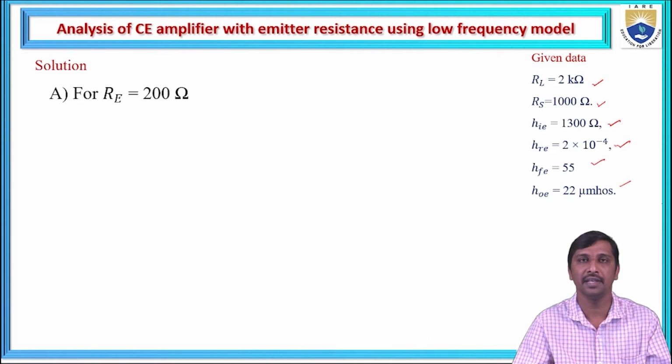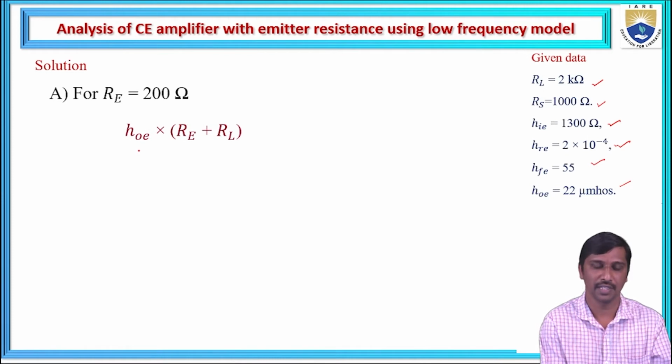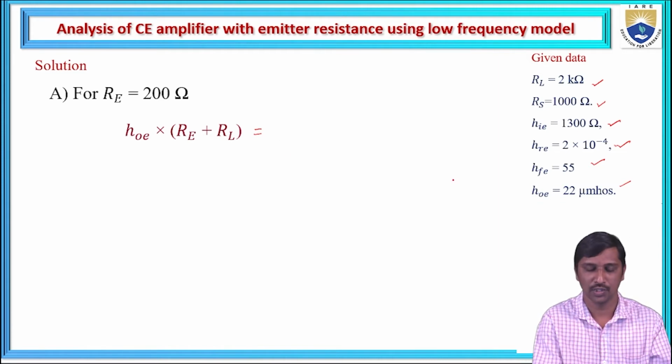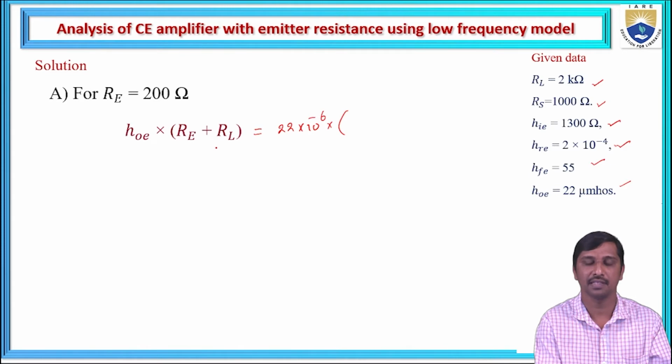So to identify which model to choose to determine these parameters, first we need to calculate this factor. The factor is hoe times of RL plus RE. Based on this representation, we know that hoe is 22 micromhos, meaning 22 into 10 to the power of minus 6 into RE plus RL.